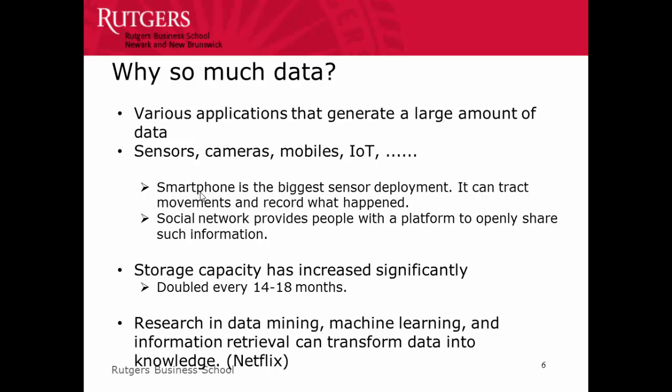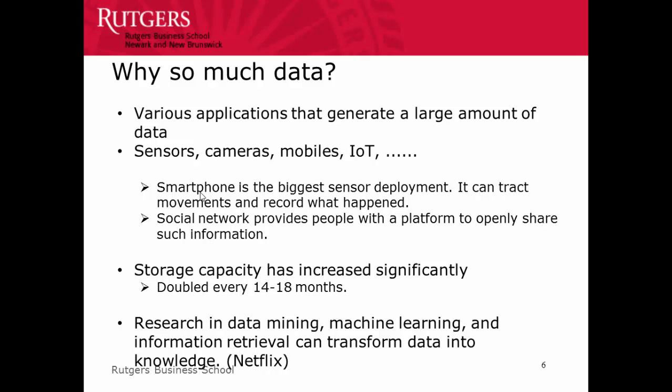Then the refrigerator will start to unfreeze the meat so that when you get home, you can take out the meat and cut it without any effort. In such a scenario, every device is recording and generating data. And one thing that I have to mention is the smartphone.